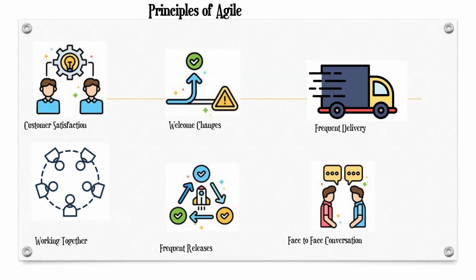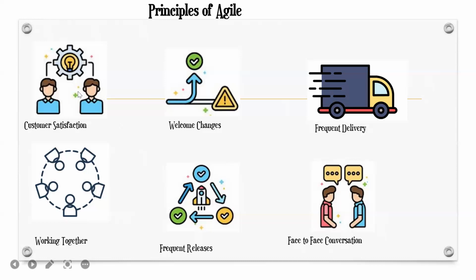But in Agile, everyone is part of a team and they sit together, and these three teams, the architectural designing team, the development team, and the testing team, will completely be called a development team.